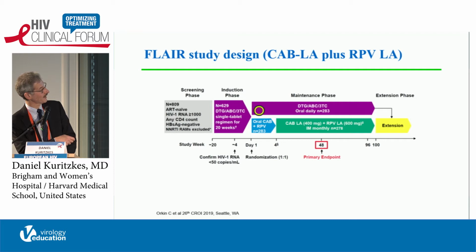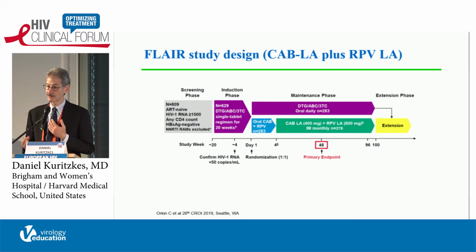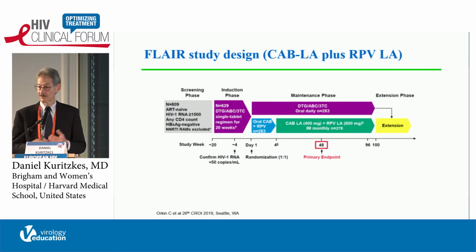could be randomized to either continue on their oral regimen or to switch to an oral lead-in of cabotegravir and rilpivirine for 4 weeks, really in order to assure that there was no hypersensitivity or other toxicity of these drugs before beginning the long-acting therapy.